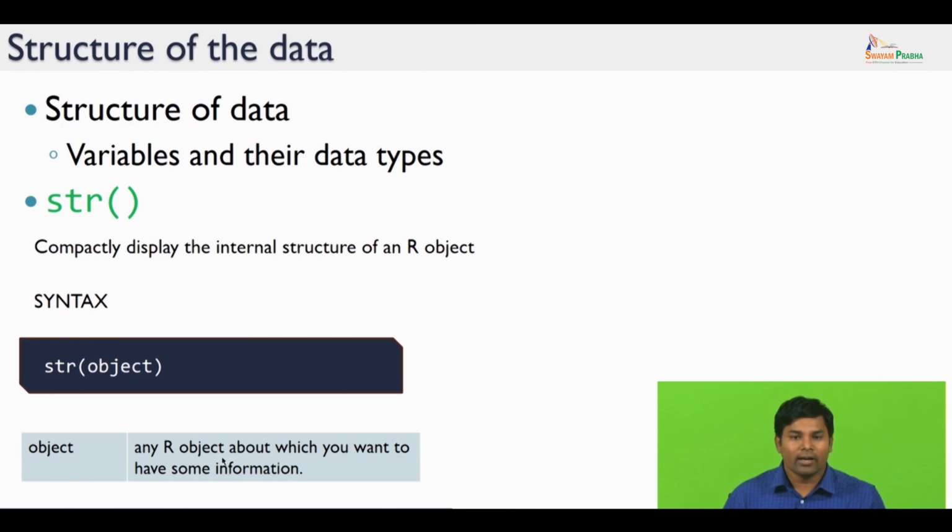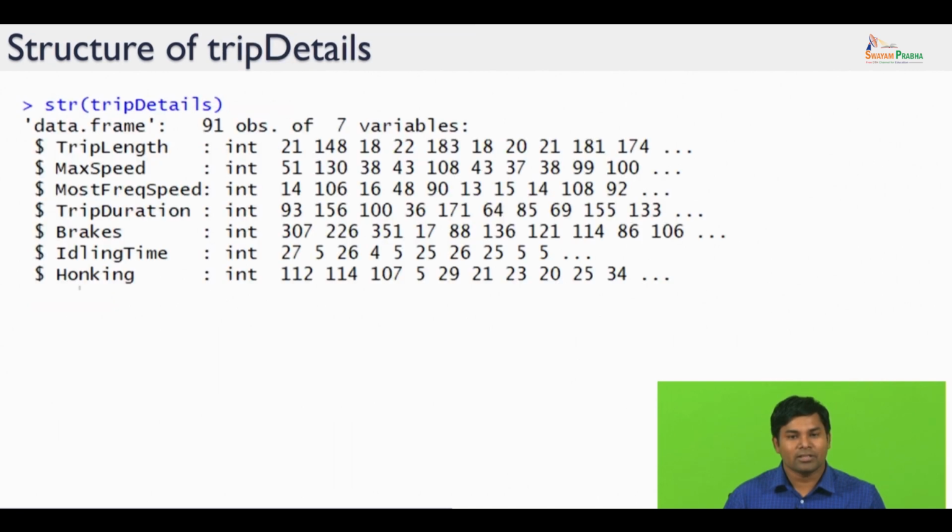Now let us look at the structure of the data frame which we have extracted from tripdetails.csv. The data frame is trip details, and I am passing that data frame as an argument to this structure function.